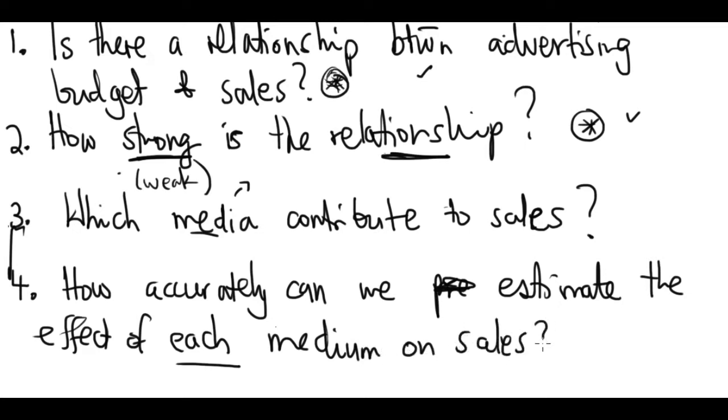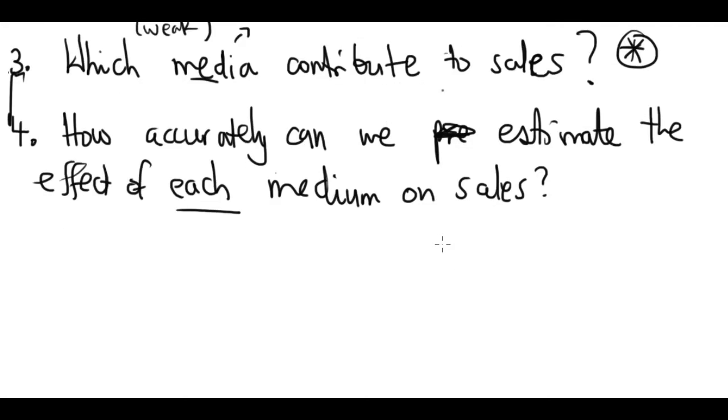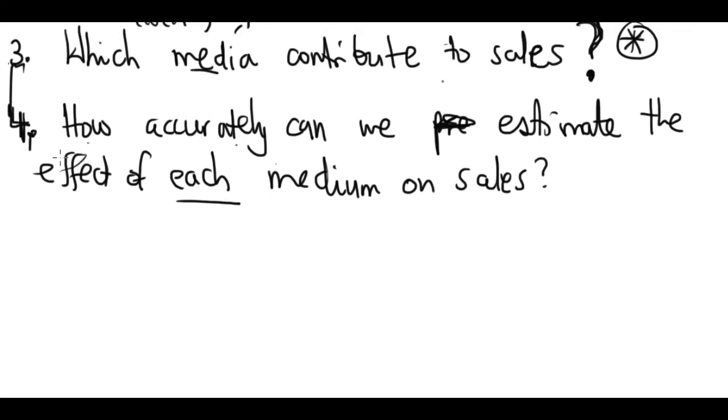You see, so here now we've chosen part number 3. We've chosen the media that contribute to sales, whether it's a combination of all 3 or just 2, whatever it is. Then question number 4 is how accurately can we estimate the effect of each? So here we're just deciding which ones are important. And then question number 4, we're saying for those that are important, how accurately can we estimate their effect on each, on what? On sales.